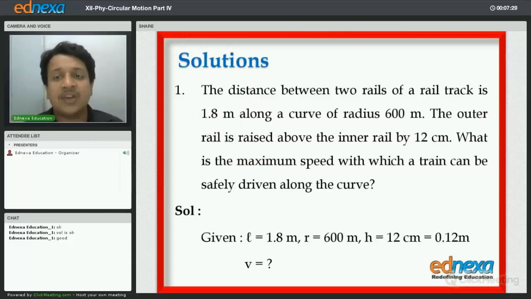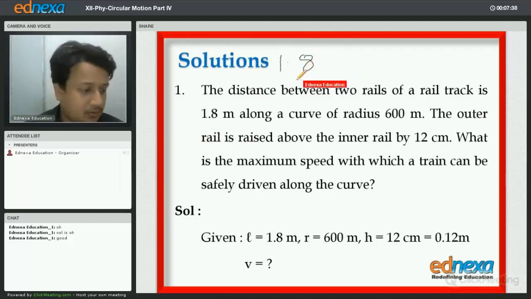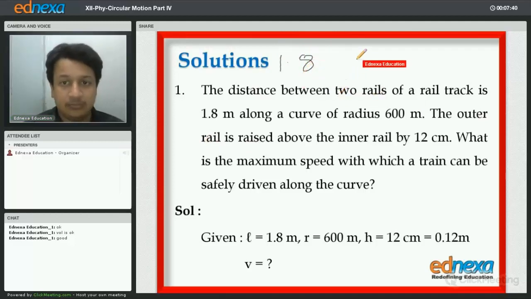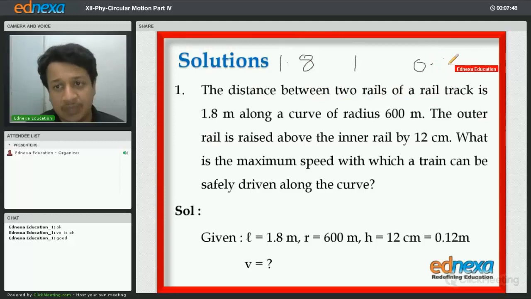There are three different types of gauges: broad gauge, meter gauge and narrow gauge. Broad gauge track is 1.8 meter, meter gauge is 1 meter and narrow gauge is 0.8 or 0.6 meter. In India, meter gauge railways are there.